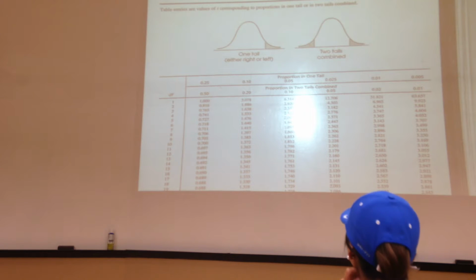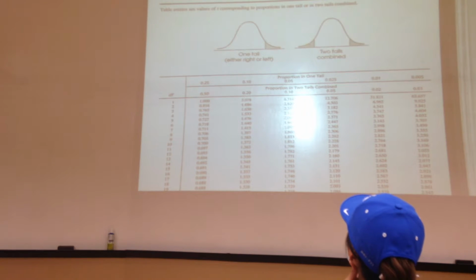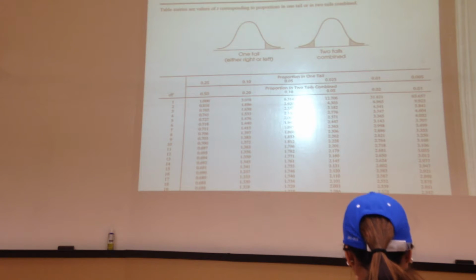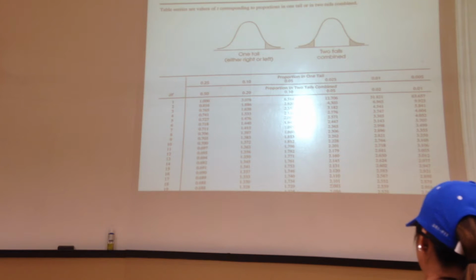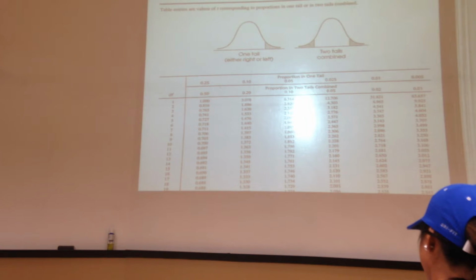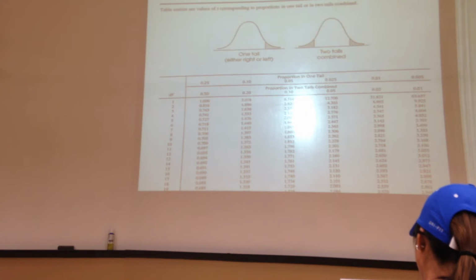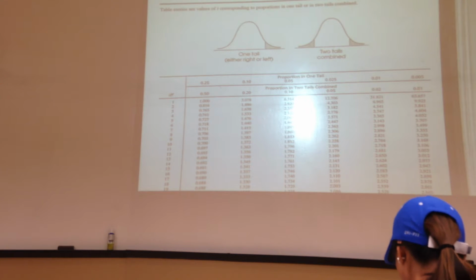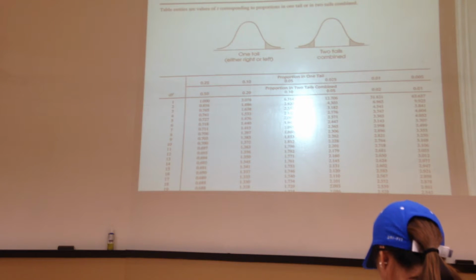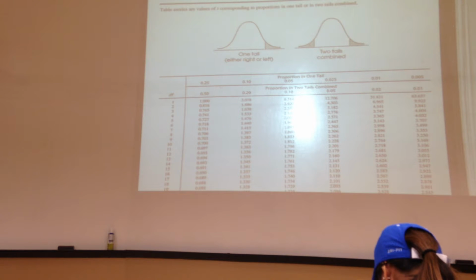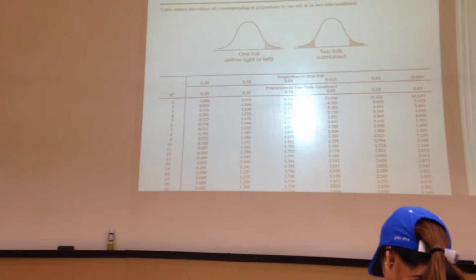So we look at the alternate hypothesis. And if the alternate hypothesis has a direction, if the researcher is predicting specifically that one group is going to have a higher score than the other group, or one group is going to have a lower score than the other group, then it's a one-tailed test.